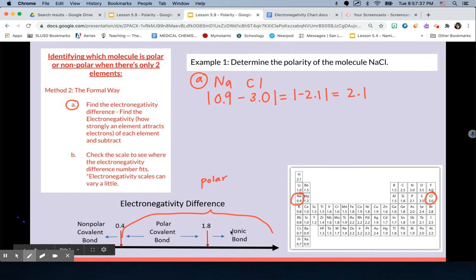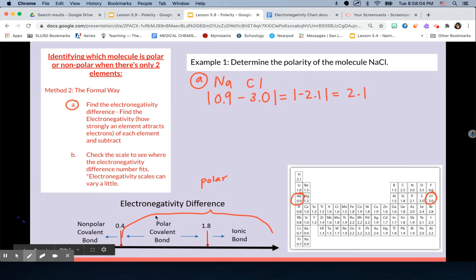If you want to get more detailed about it, elements that gain or lose electrons are called ionic bonds because they're not being shared very evenly at all. So these are the most polar.